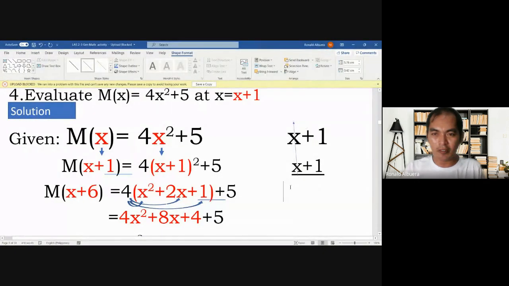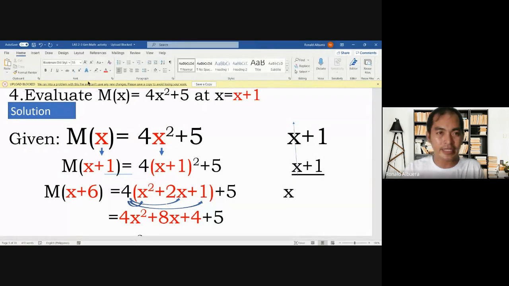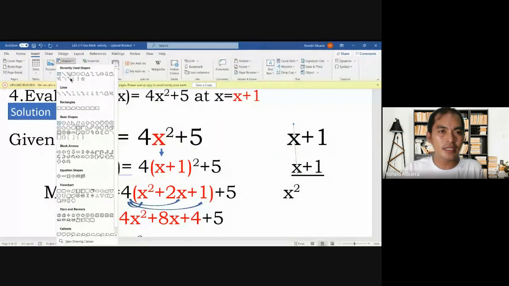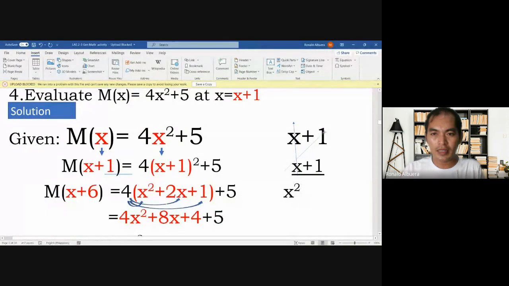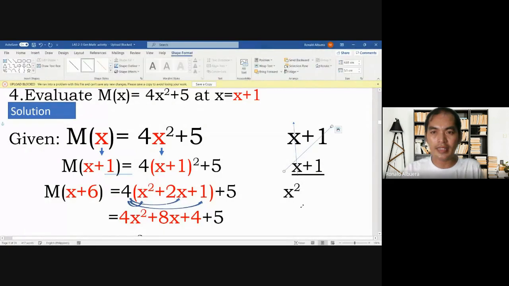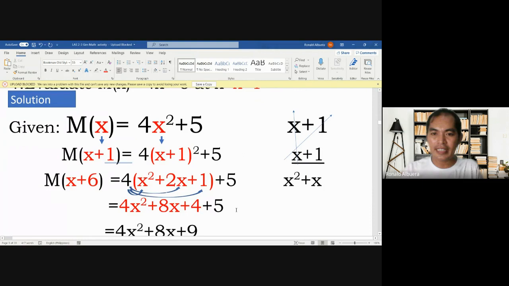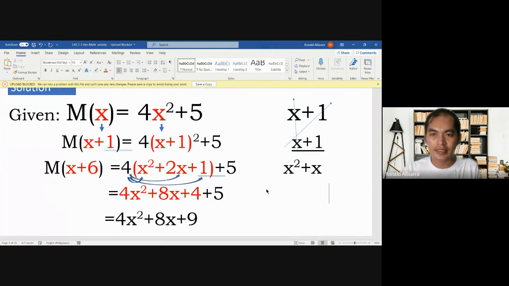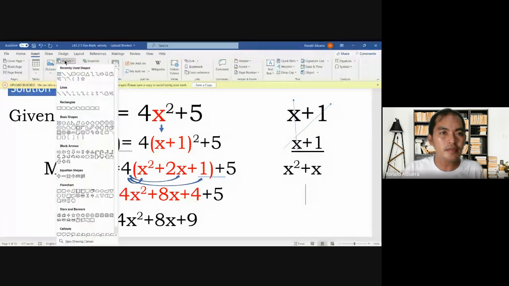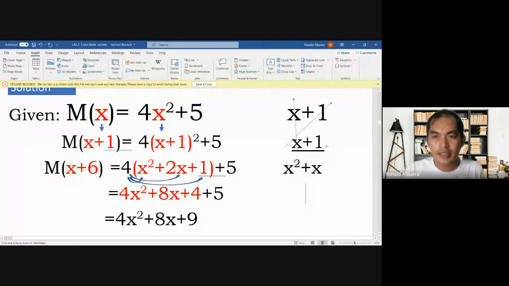So when you multiply that, that's x squared. Then the same here going there. And that is positive x times 1 is positive 1x or positive x. Then another, dito naman tayo.